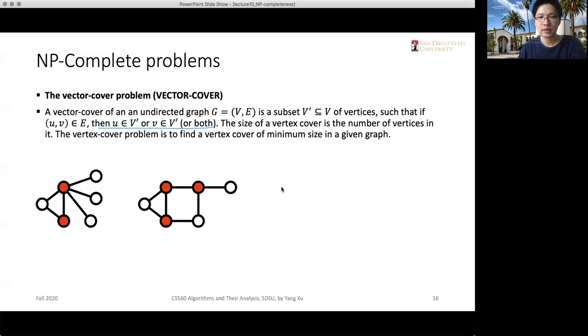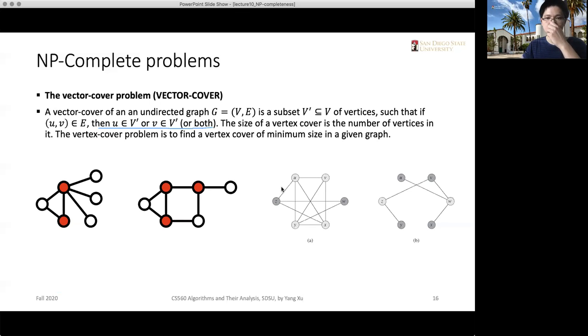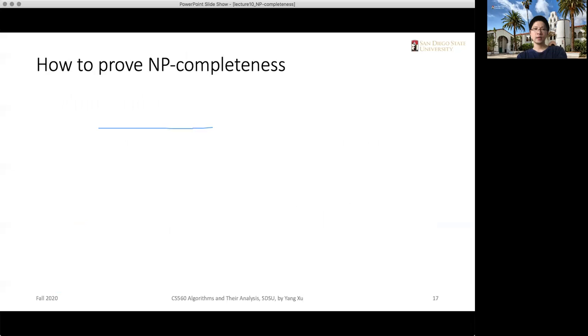To verify it is quite easy. The vertex cover problem is related to the clique problem, but it's not easy to solve.